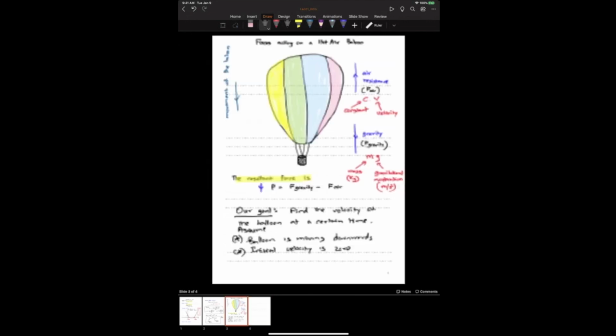Okay, so from this equation, we have the resultant force F is F gravity minus F air. And F gravity is mg, we just saw that. F air is cv.